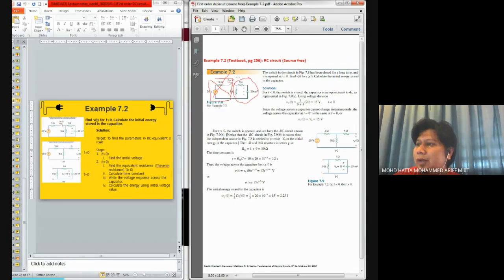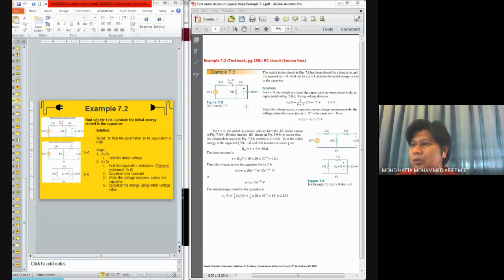If you look at this part, it means that we have a source-free RC circuit for t greater than 0. And if you go through the question, you find that you don't know the value of the initial voltage or initial energy stored at the capacitor, so you need to find that information.